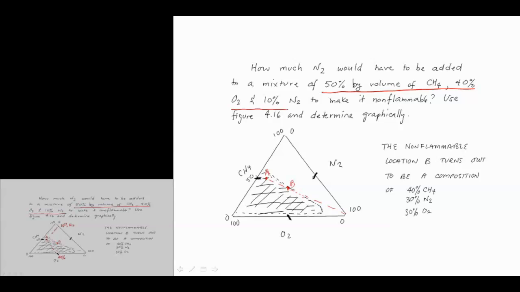We have to go to 100% nitrogen. So we push this thing towards 100% nitrogen because we're basically fixing our methane to O2 concentration.